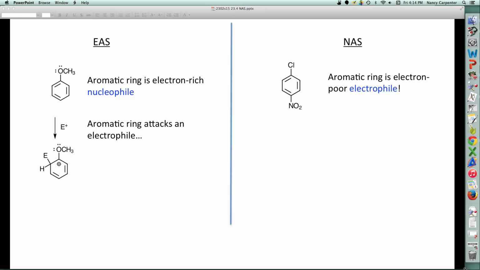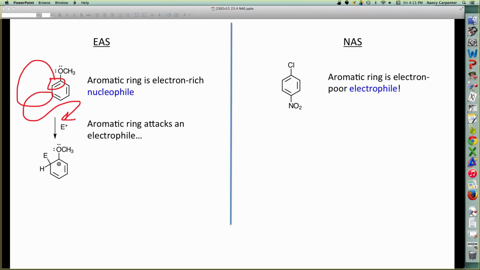Okay, well, back to electrophilic aromatic substitution. Because it's the aromatic ring that's the nucleophile, it reacts with an electrophile. So, nucleophile, source of electron density, reaches right out and reacts with that electrophile.